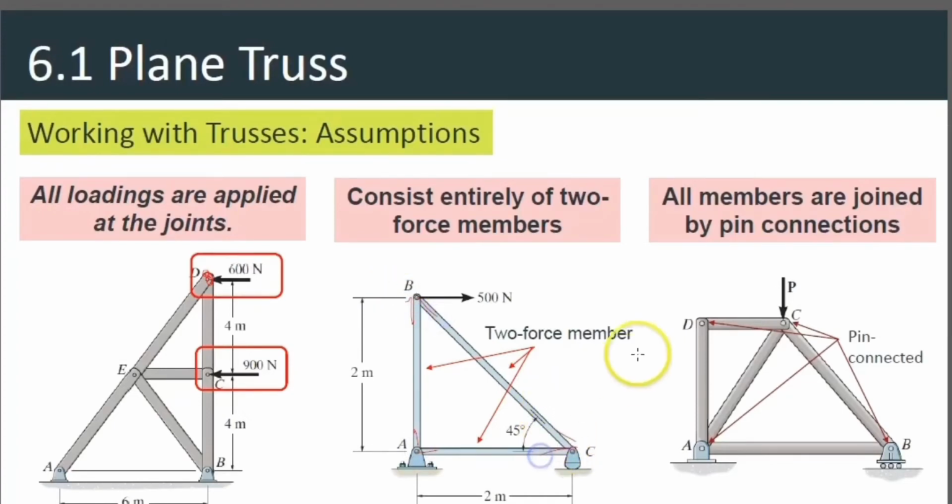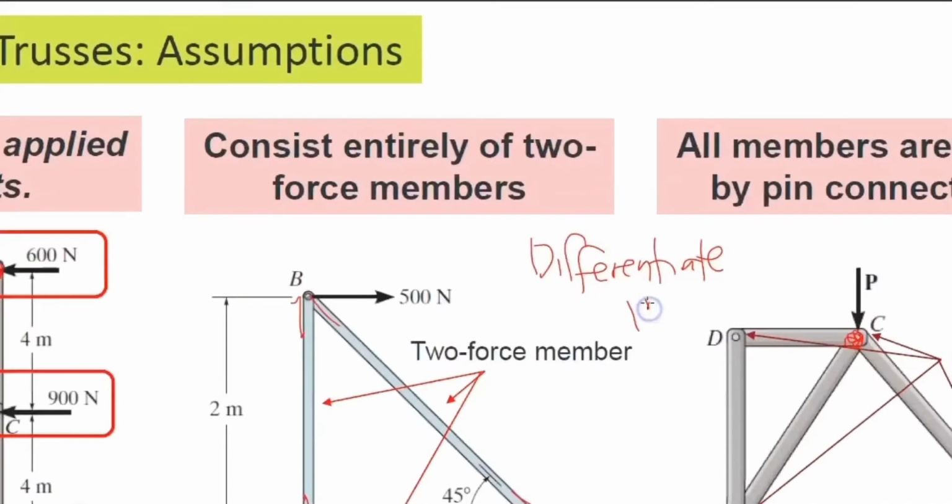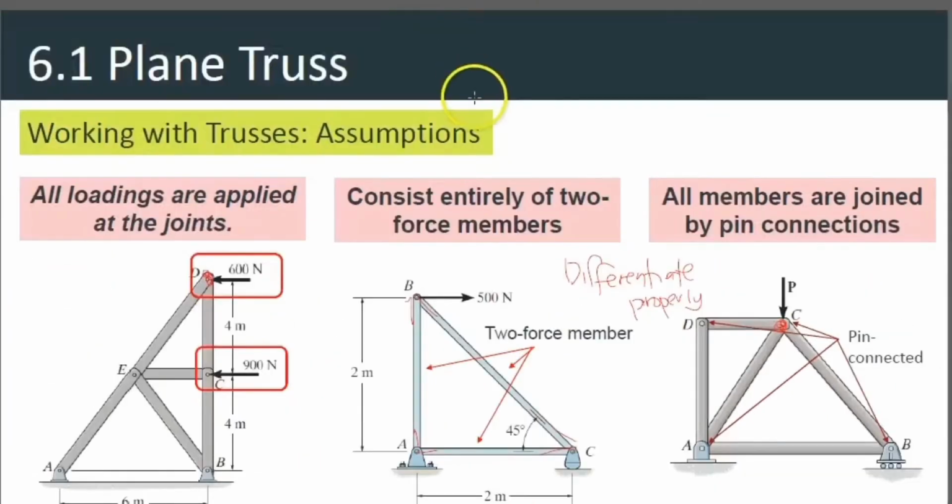All members are joined by pin connections. If there is any pin, that's how the joint should be connected. So we have to differentiate properly between these three parts here.